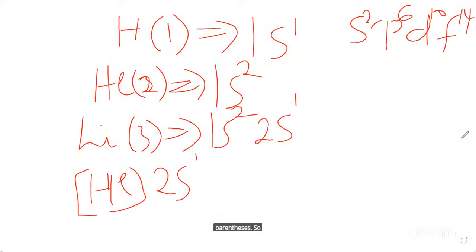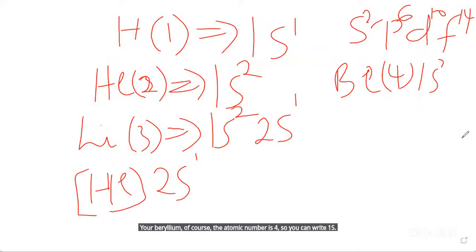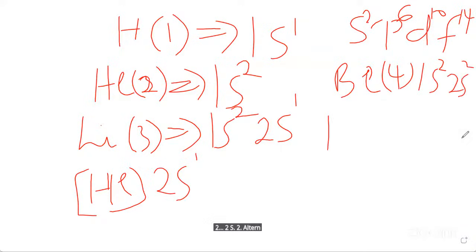The next one is beryllium. Your beryllium, of course, the atomic number is 4. So you can write 1s2, 2s2. Alternatively, you can write helium 2s2.